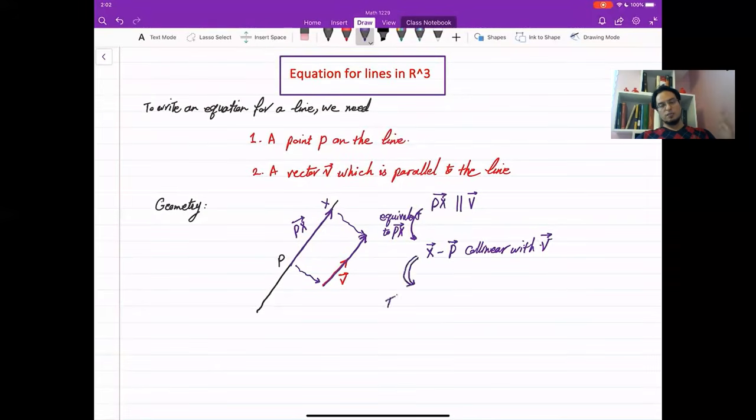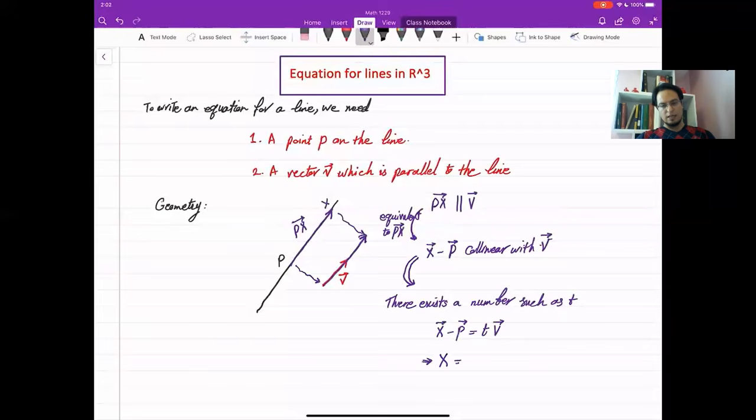Since PX was parallel, now the equivalent vector will be collinear with the vector V. Being collinear means that one of these is a multiple of the other. So there will be a scalar t such that X minus P is a multiple of V. Very nice. I can play with these. Take P to the other side and write this as P plus tV.